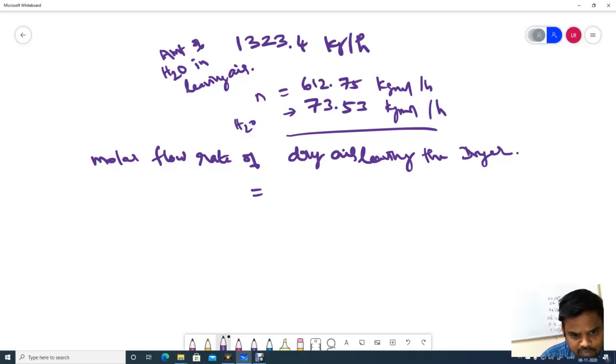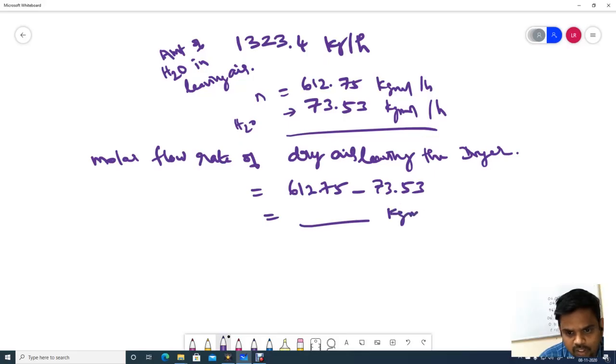So we can find the difference: 612.75 minus 73.53 gives us the kgmoles of dry air leaving the system. How many kgmoles per hour? Please calculate using the calculator. Subtracting, we get 539.2 kgmoles per hour of air that is leaving.